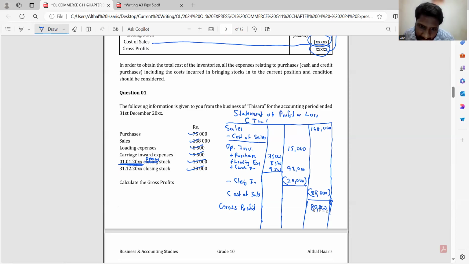Inside the bracket, write trading part, or trading account, because we didn't do the complete one. Just the top part, the top layer. We haven't looked at the lower set yet.